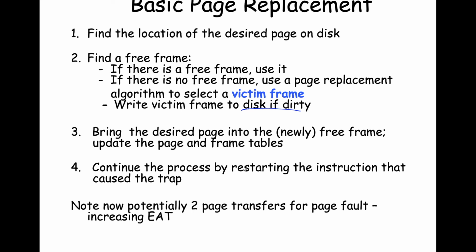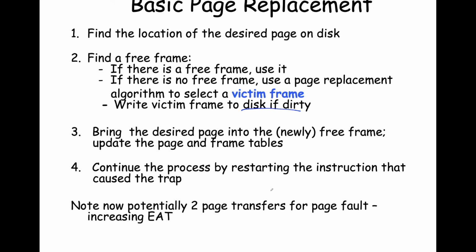Now, when you do this, you can potentially have 2 page transfers for page faults. These 2 page transfers come from the eviction of that victim page from that victim frame, and then the loading of that page from the swap space to the newly freed up frame.